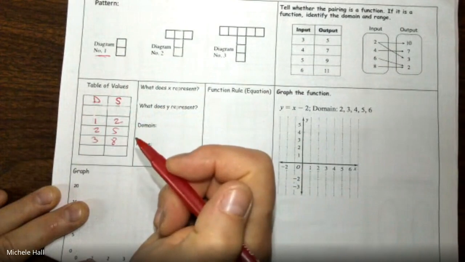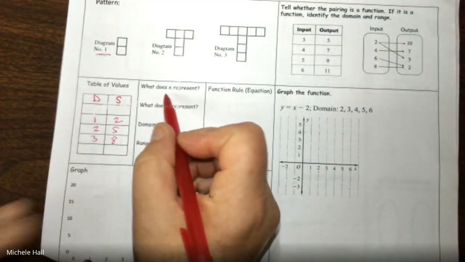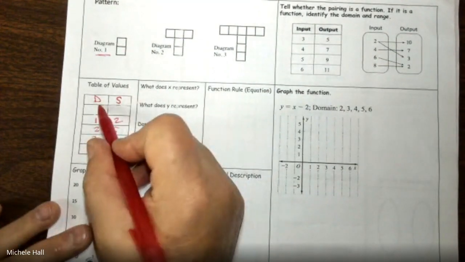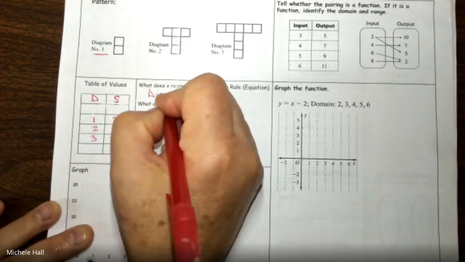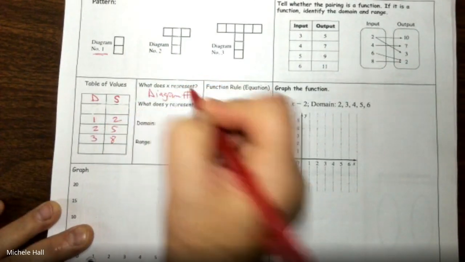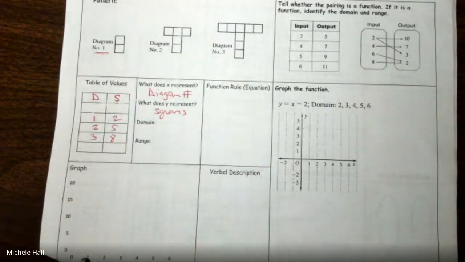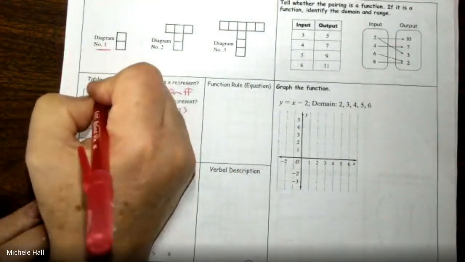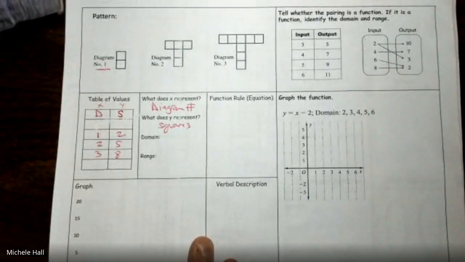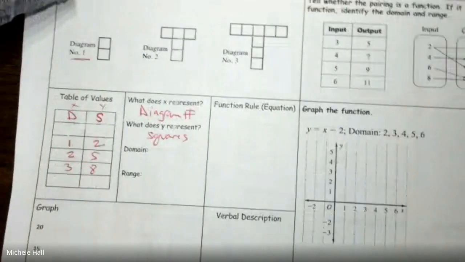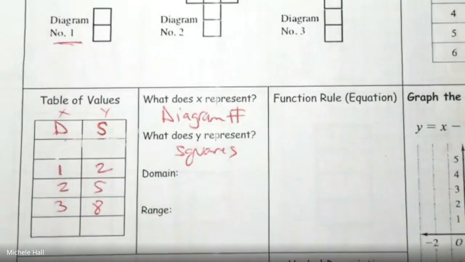All right, and then the next thing would be, what does X represent? X represents the diagram number. Y represents the squares. I know that you have domain and range there, but X is right here, and this is Y. I mean, X is about the diagram number. This is specific.